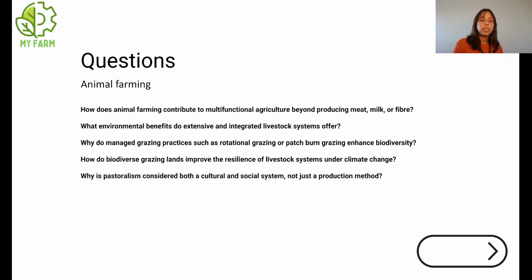Why do managed grazing practices such as rotational grazing or patch-burning grazing enhance biodiversity? How do biodiverse grazing lands improve the resilience of livestock systems under climate change? Why is pastoralism considered both a cultural and social system, not just a production method?